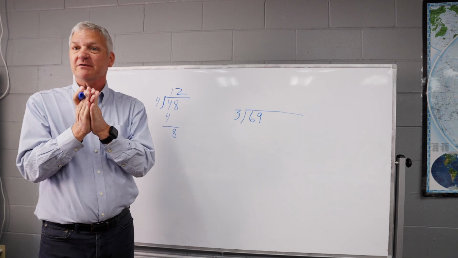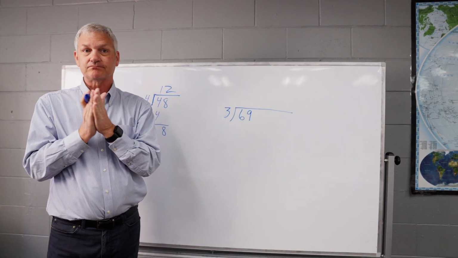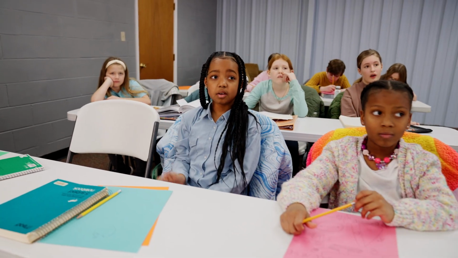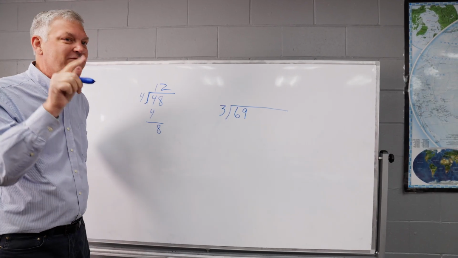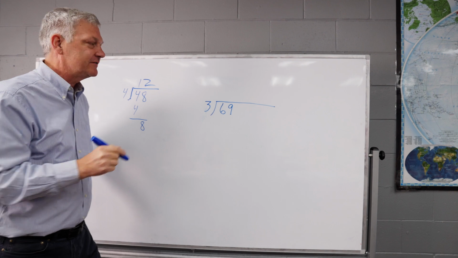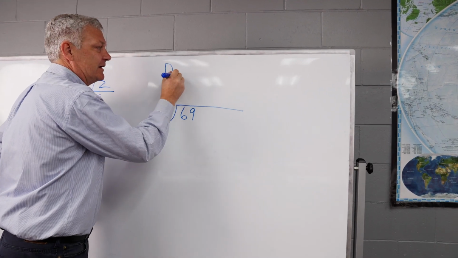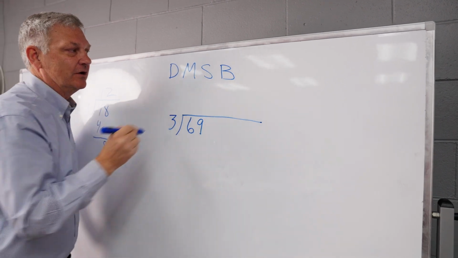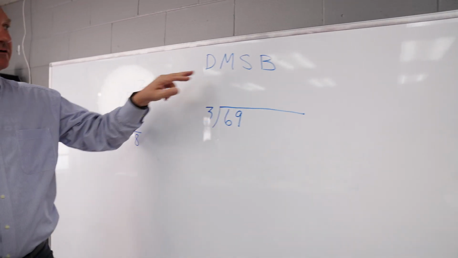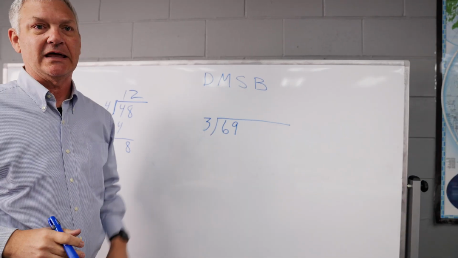So then, 2. Obvious? Any questions about that? I don't get it. Okay, let me do this one more time. I've got a trick for you. It's always the same 4 steps. Divide, multiply, subtract, and bring down. Here's how I remember that. Dirty mice stink bad.